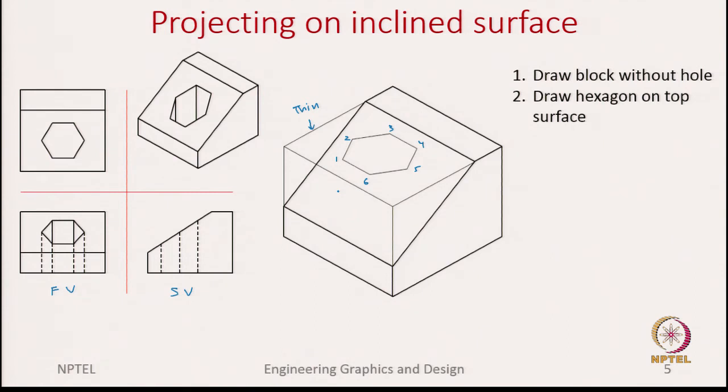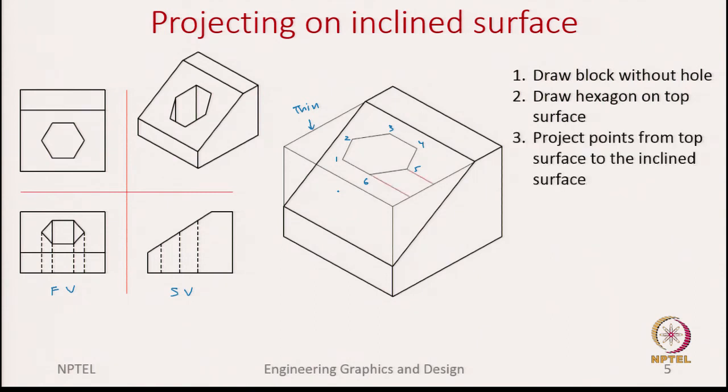For that, we use this top face, and let us say we are focusing on points 5 and 6. On the top face we draw 2 parallel lines, and note the points where they intersect with the edge of this bigger box.